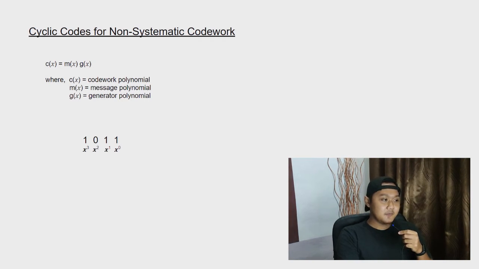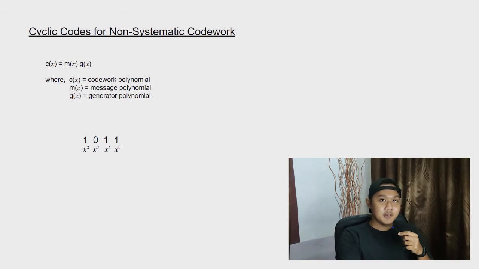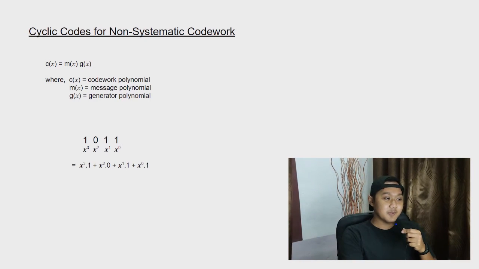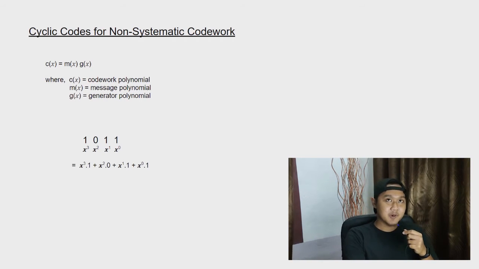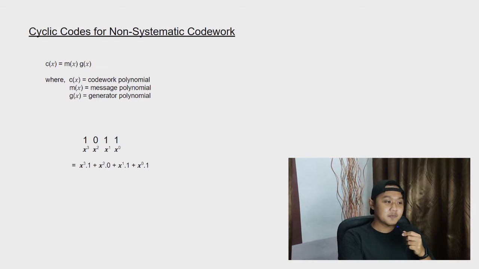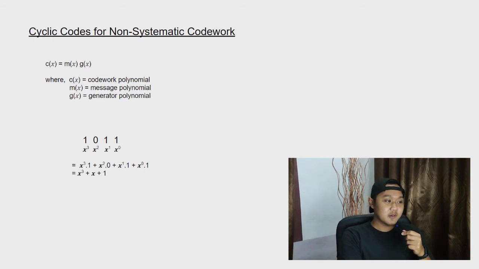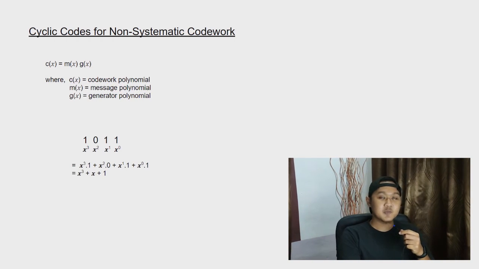Next we can write x to the power of 3 multiplied by 1 plus x to the power of 2 multiplied by 0 plus x to the power of 1 multiplied by 1 plus x to the power of 0 multiplied by 1. So the solution is x to the power of 3 plus x plus 1.